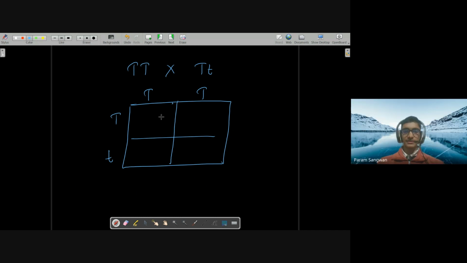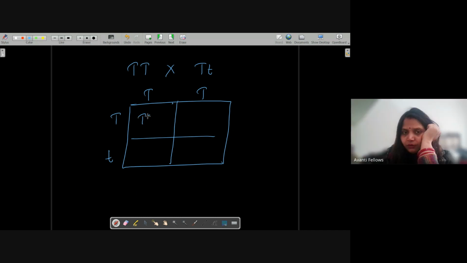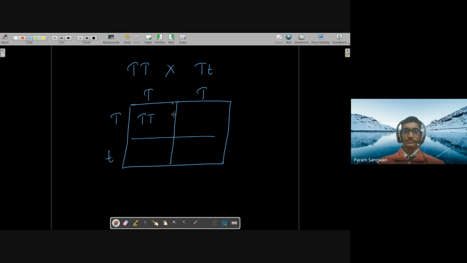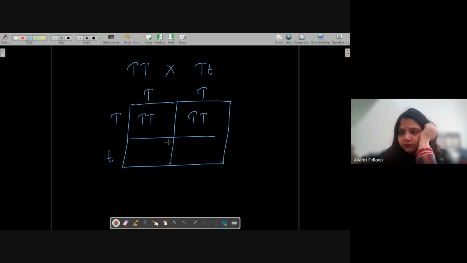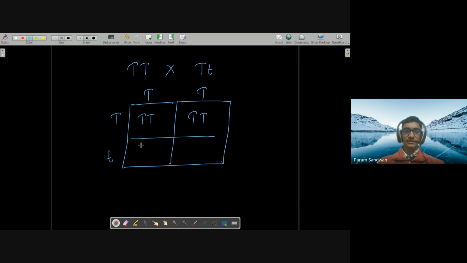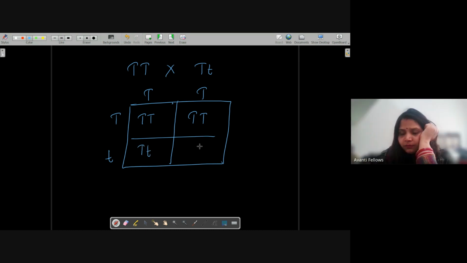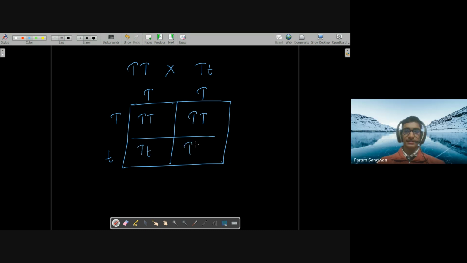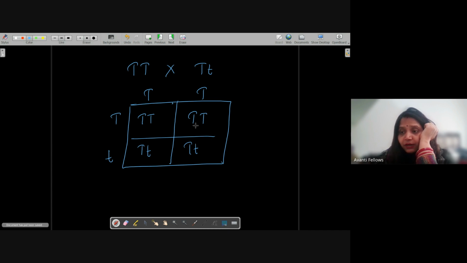The first one will be 2 capital T. And the second one also. Then capital T small t. Then same again. Now you got to know that you need to write the dominant one first. Correct? Yes, ma'am. Now what about the phenotypic and genotypic character?